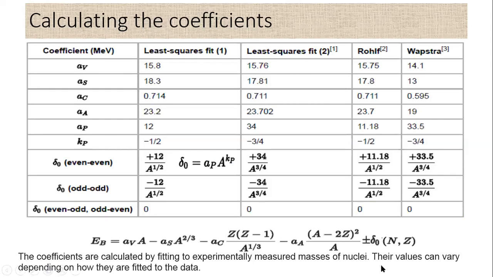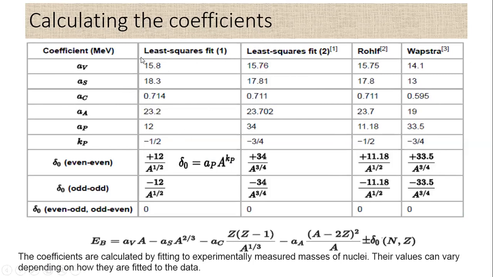That means these values can vary depending on how they are fitted to the data. So that's why these four models have been shown over here. There may be other models which can fit the experimental data, and these values you can use to calculate the binding energy.